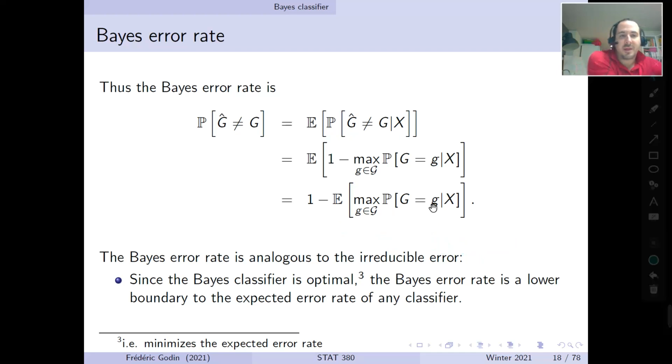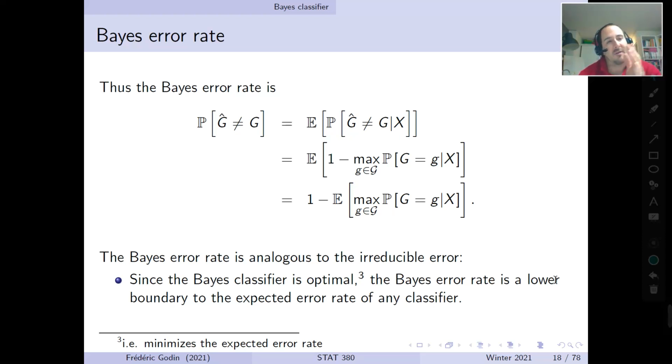Now one thing we have to notice is that the Bayes error rate is something analogous to the irreducible error in regression. Since the Bayes classifier is the optimal one in the sense that it minimizes the error rate, you cannot have a lower expected error rate than the Bayes classifier. So the Bayes error rate is a lower boundary to the expected error rate for any classifier.